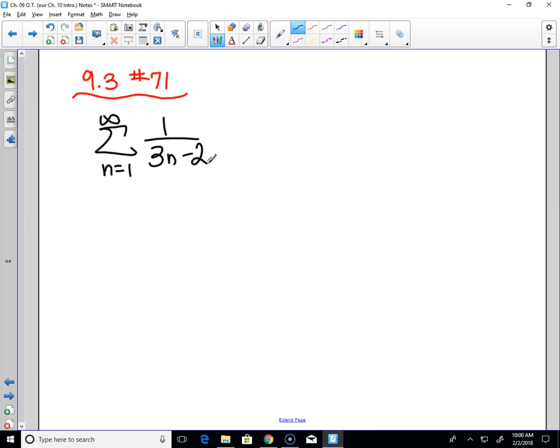Using whatever test you want. Oh, nth term test! We know nothing. Geometric series, nope. Integral test would probably be the best. Nope, because of the minus 2.